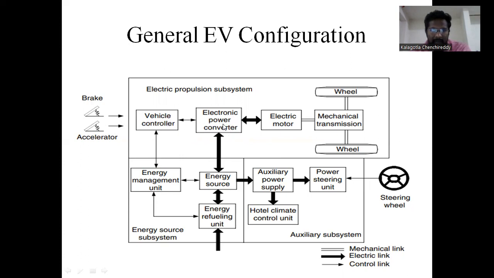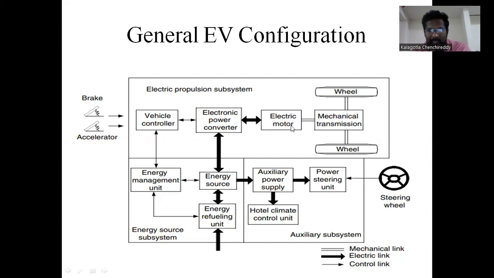The electronic power converter decides whether to transmit power or not based on this command. So the vehicle controller is used to command the electronic power converter, and it takes commands from the brake and accelerator.